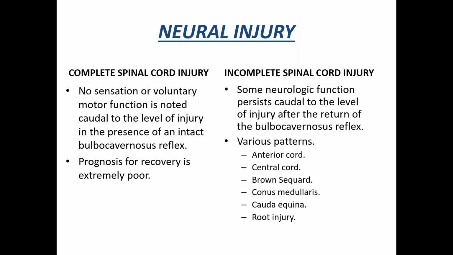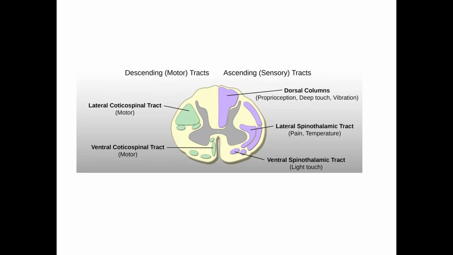Various patterns may be seen: anterior cord, central cord. Central cord is most common in degenerative spine, like an old age patient with trivial trauma, who develops central cord syndrome. Brown-Sequard syndrome, conus medullaris, cauda equina, and the respective root injuries.